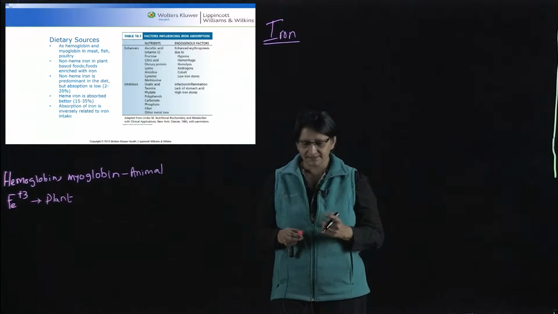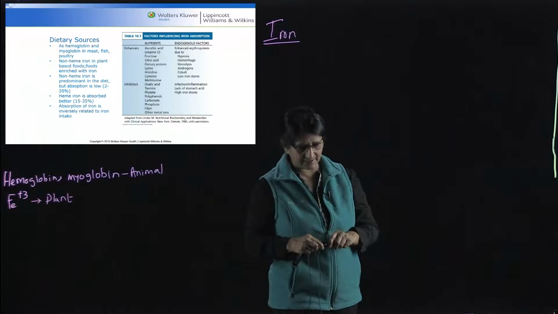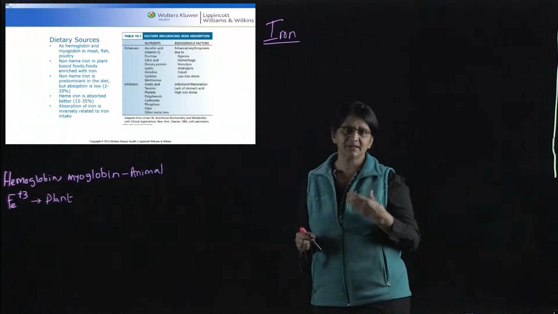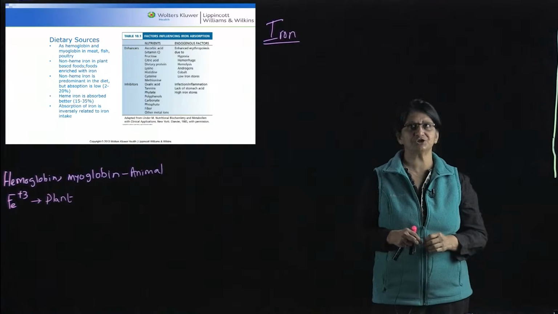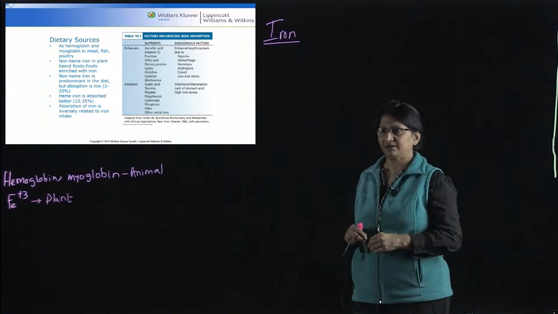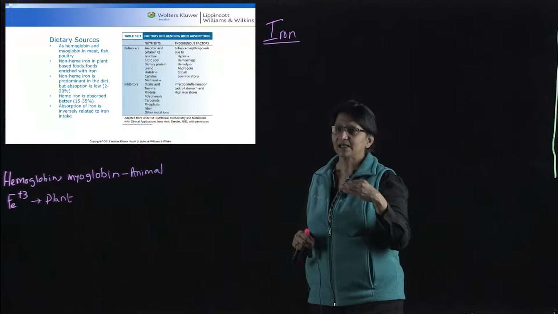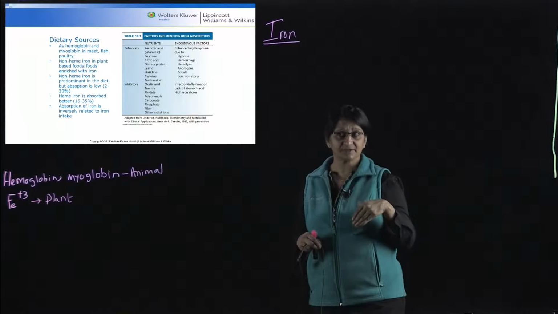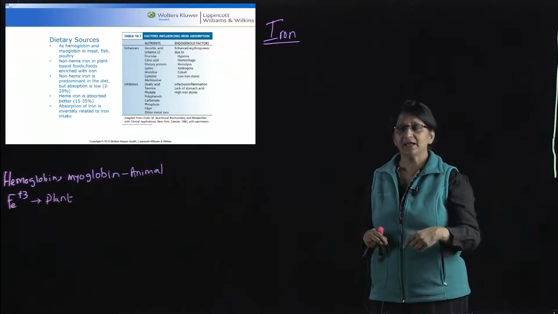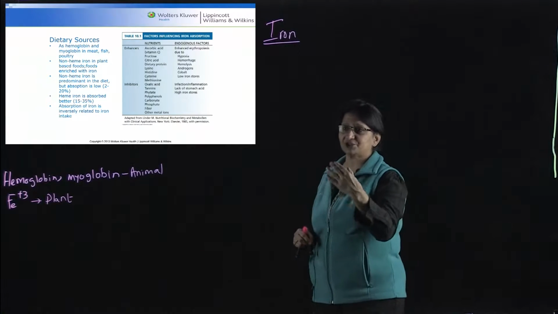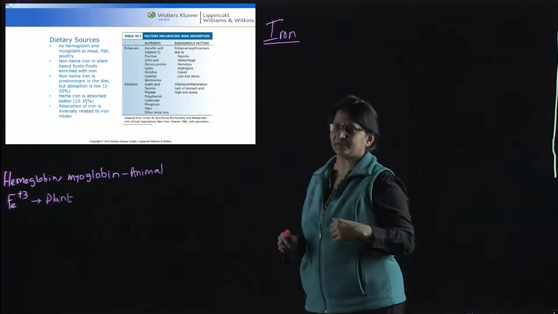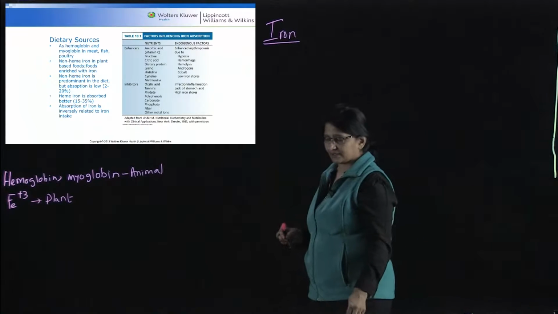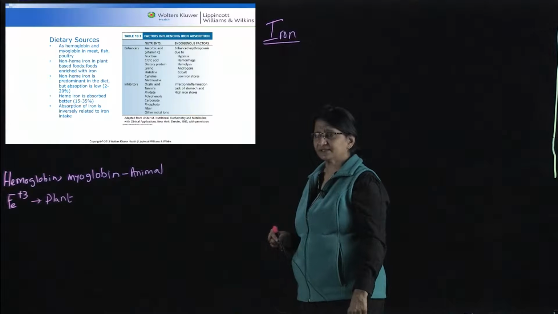And another important thing is that absorption of iron is inversely related to the amount that we consume in our diet. In other words, as the amount of the dietary iron increases, its absorption decreases. If you are consuming too much iron, then the absorption of the iron, regardless of which type it is, is going to be decreased.